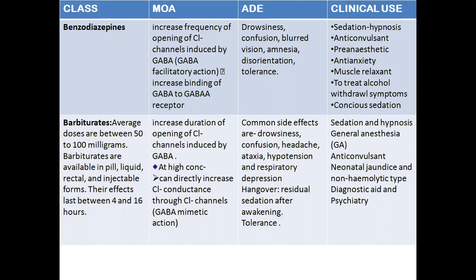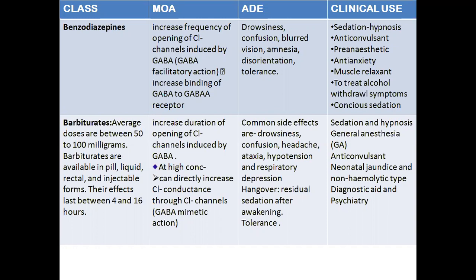So what are the adverse effects of benzodiazepine? The adverse effects start with drowsiness. Next, confusion, blurred vision, amnesia, disorientation, tolerance, etc. Benzodiazepine may have no effect on gamma mimetic action.